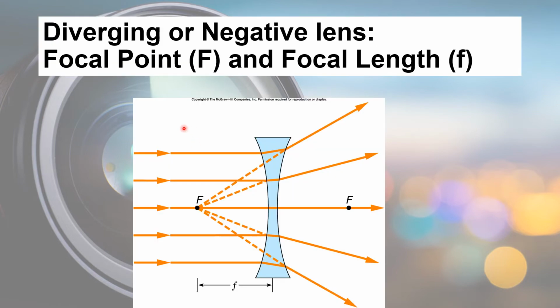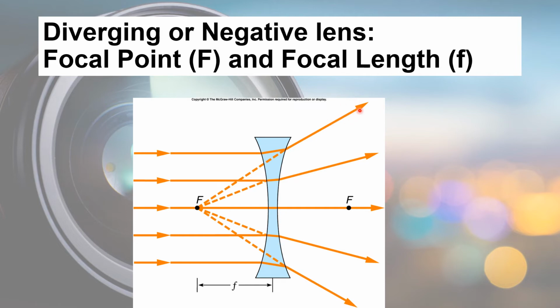Double concave lens is also called diverging or negative lens. Diverging because when parallel light rays strike the lens, the refracted rays scatter. That's why it is called a diverging lens.